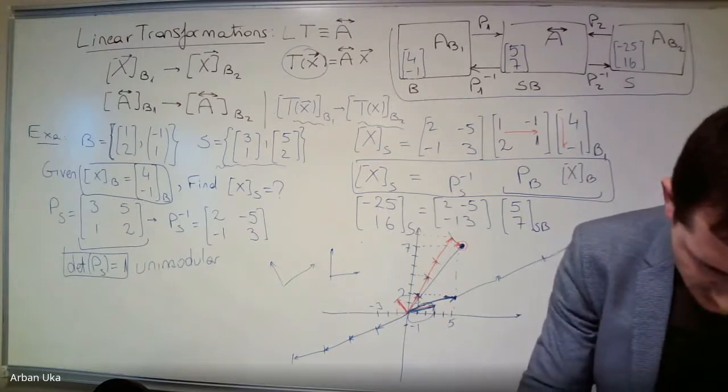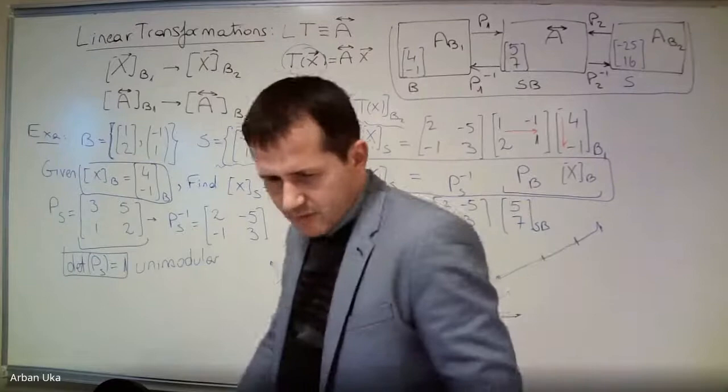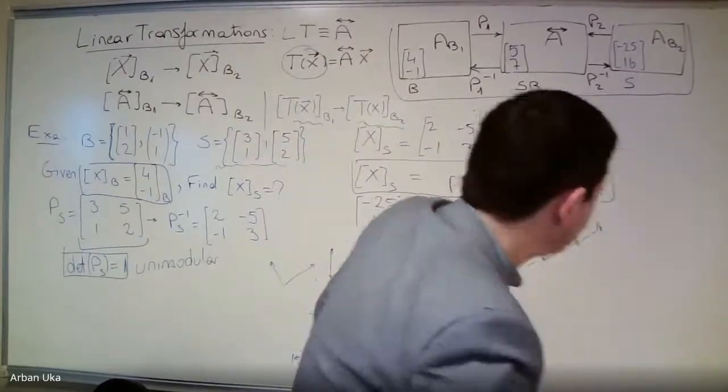Now, with this example covered, we want to move to another important concept, which is the concept of similarity. Now, the change of basis and similarity, let me find this.